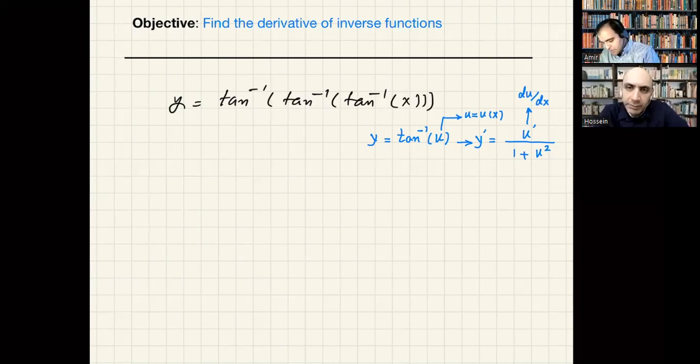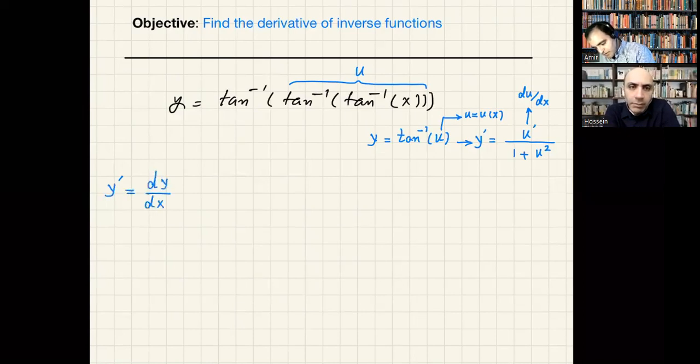Given this relation, I'm going to consider the inner arctangent of x as u. Here I write down the derivative of y in terms of x.